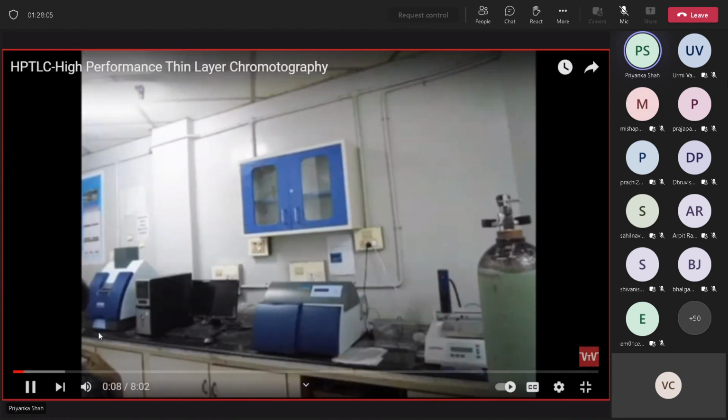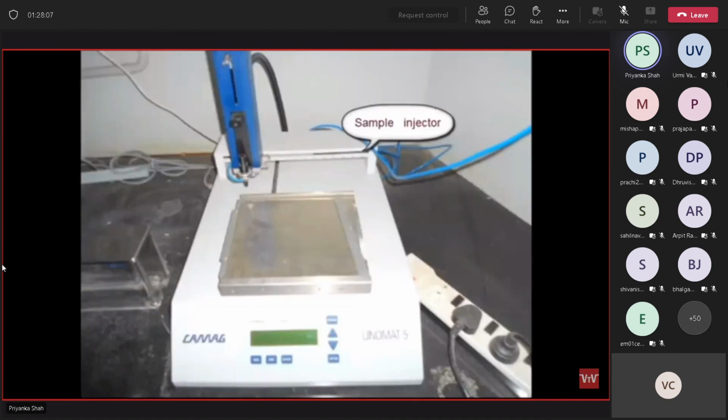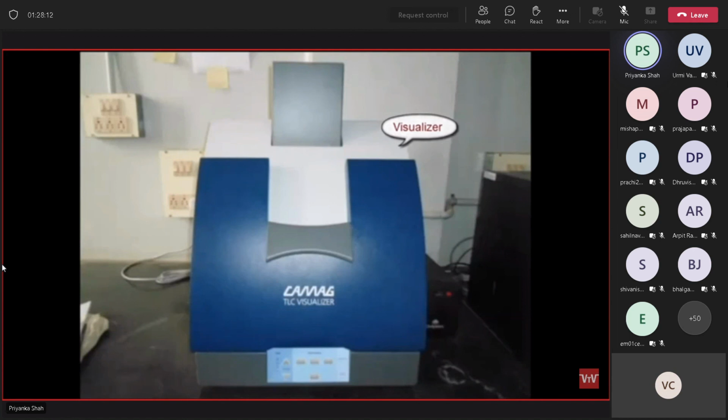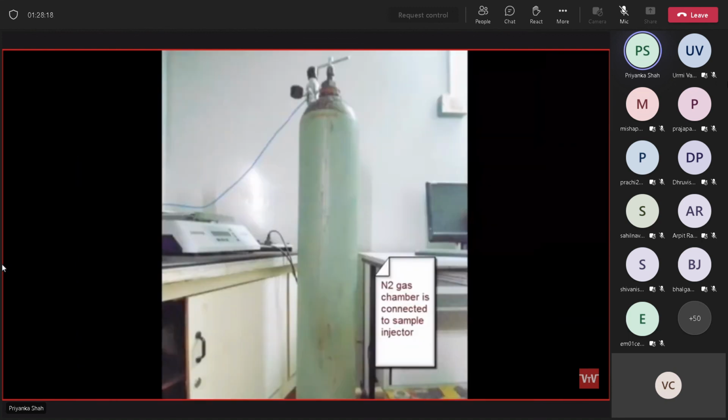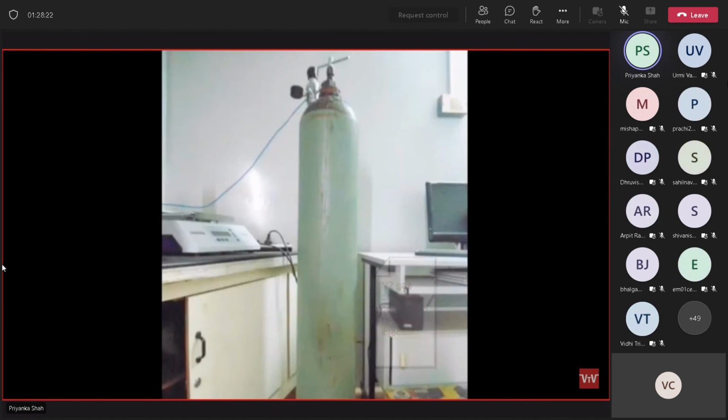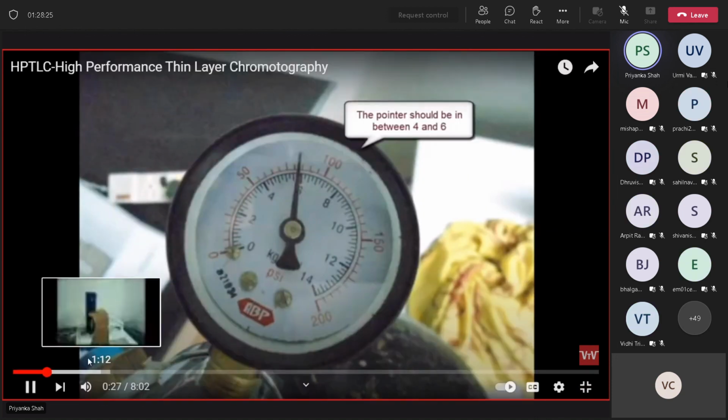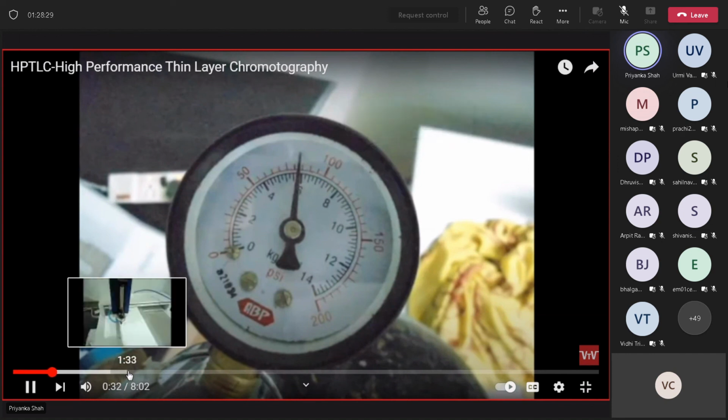It consists of mainly three parts: sample injector, visualizer, and scanner. Then nitrogen gas chamber. It is connected to the sample injector. This pointer should show the pressure in between 4 and 6 for effective sample loading.